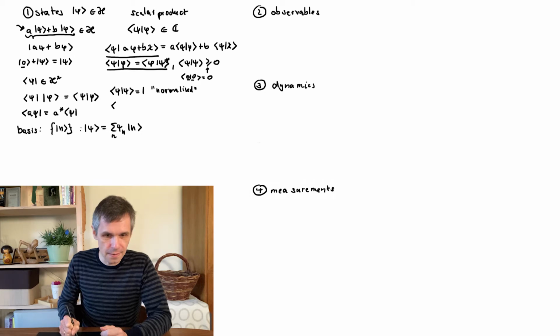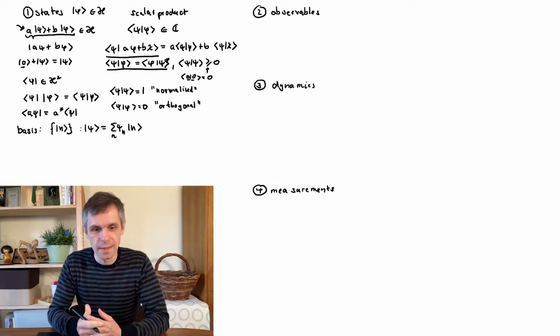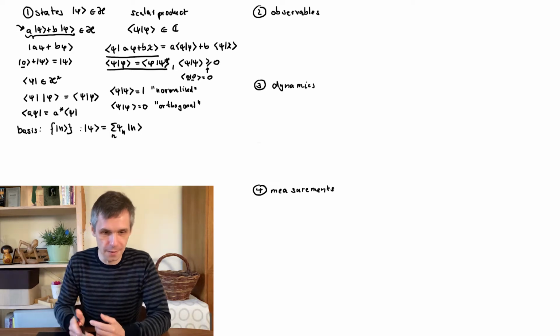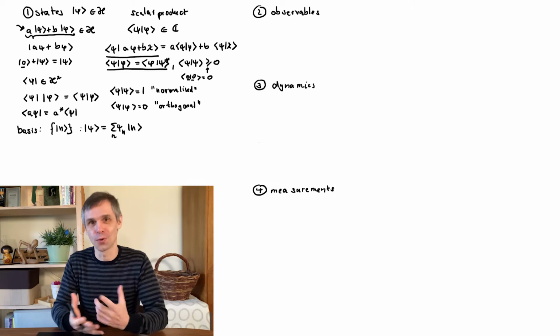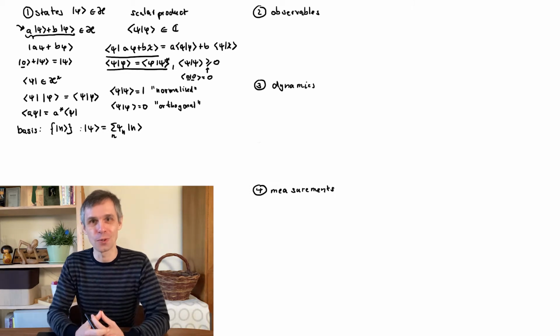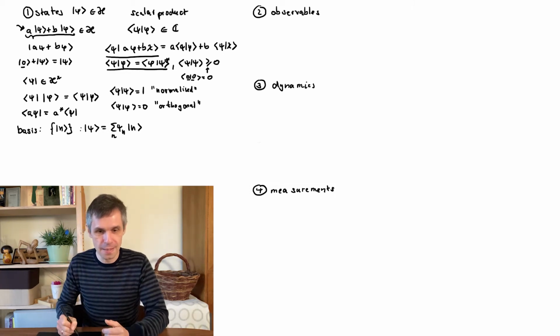And then secondly, when we have two states for which the scalar product vanishes, then we call these orthogonal. And what we are going to assume when we talk about this basis is that these are so-called orthogonal normalized bases, or we call them also an orthonormal basis.